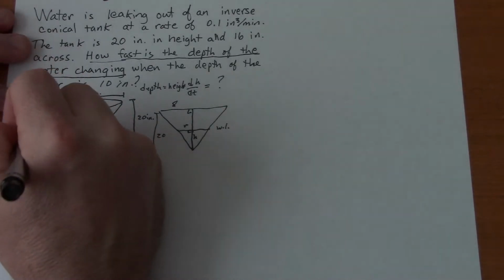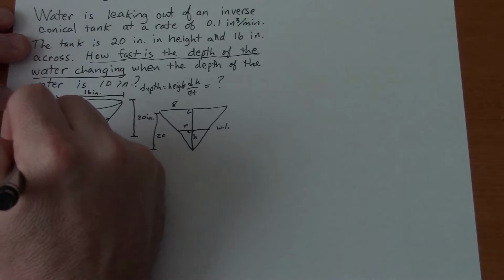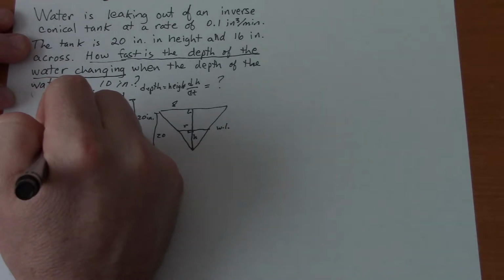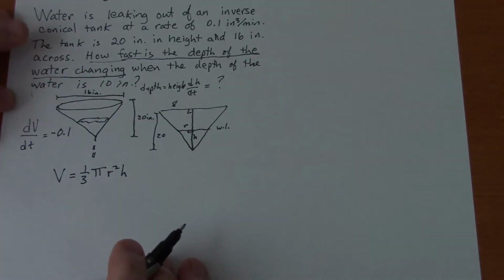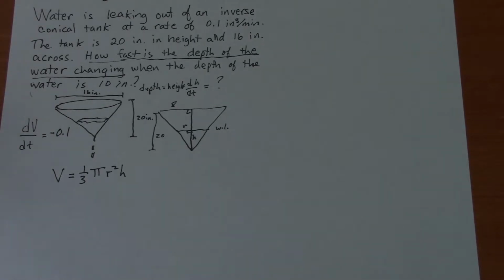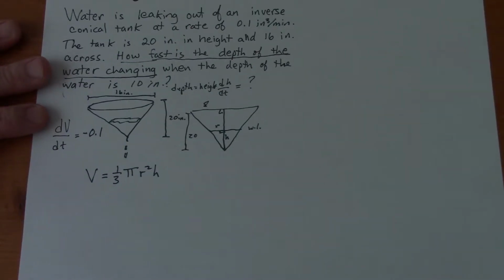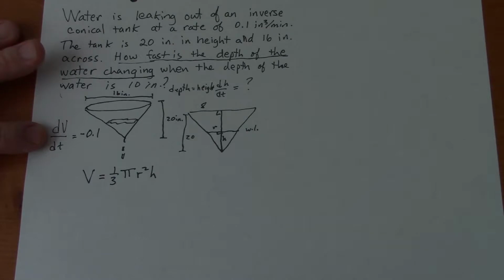We know dV/dt equals negative 0.1. I say negative because it's leaking out, so the volume is decreasing. We're looking for dH/dt, and there's an r in here, and we don't know anything about dr/dt at all. So we're going to have to get rid of the r.